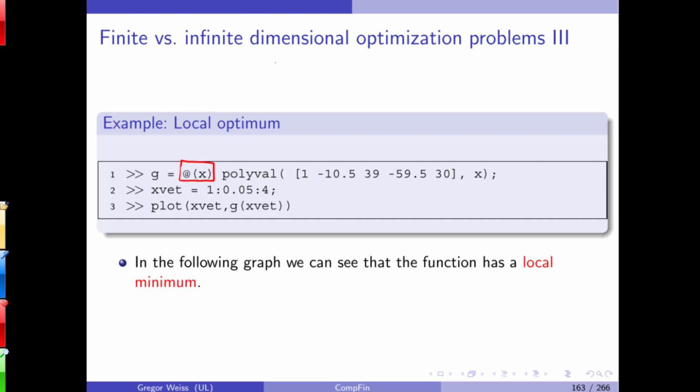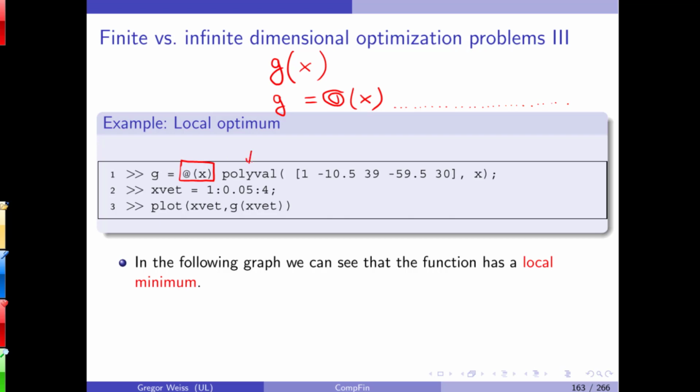It means that we want to define a function g of x. To do this, we define g, we have to write @, in brackets we include the variable that is provided to the function, so that is x, and everything that now follows is the definition of the function g of x.